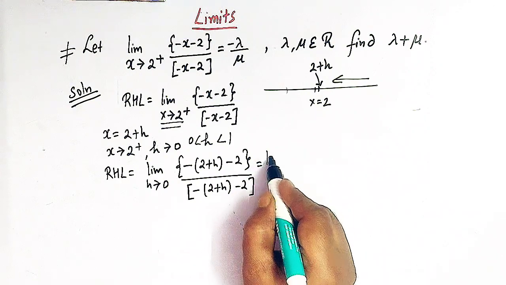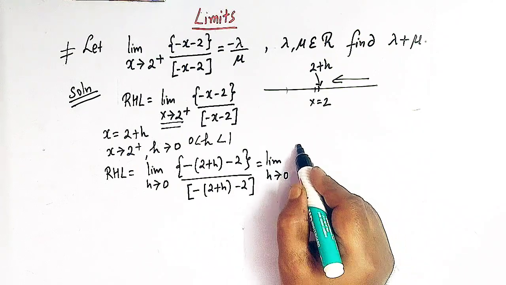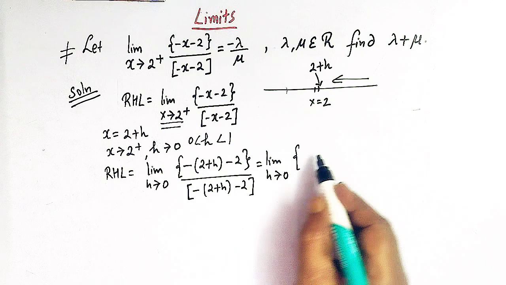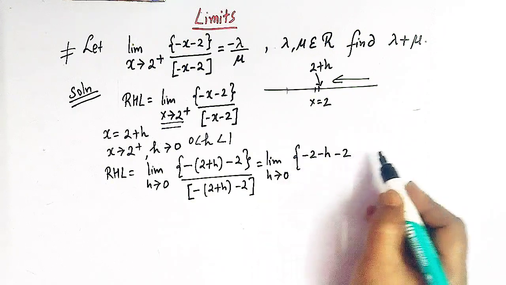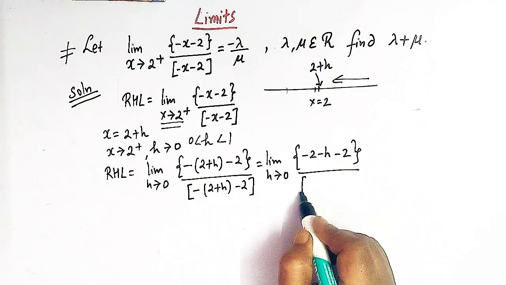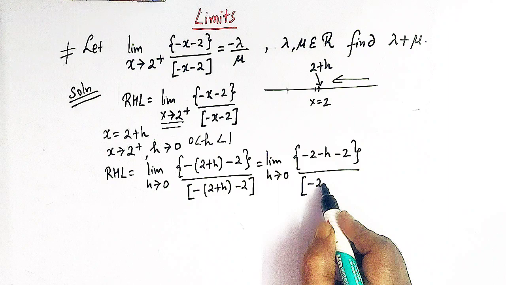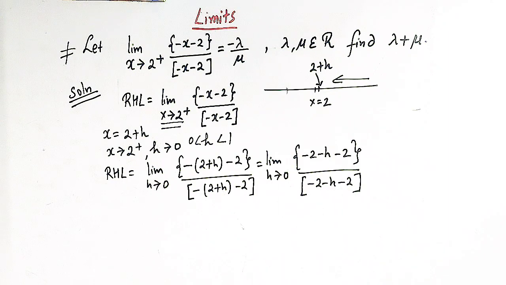So now we can simplify it. So we have limit h tends to 0, and now we have here minus 2 minus h, and here we have minus 2, and in the denominator we have greatest integer of minus 2 minus h minus 2, right?